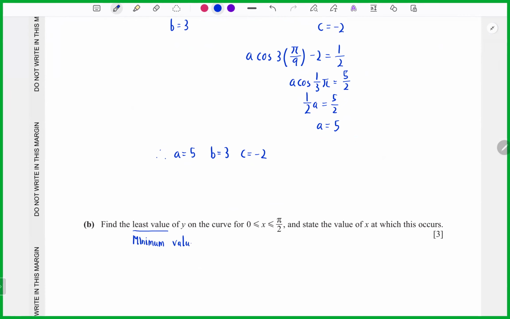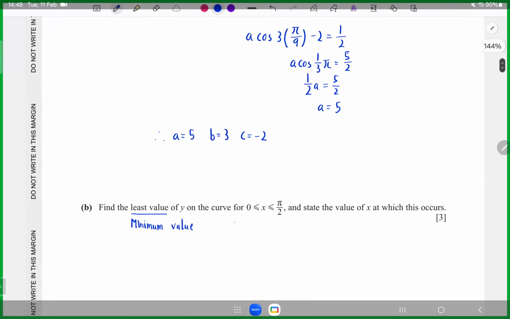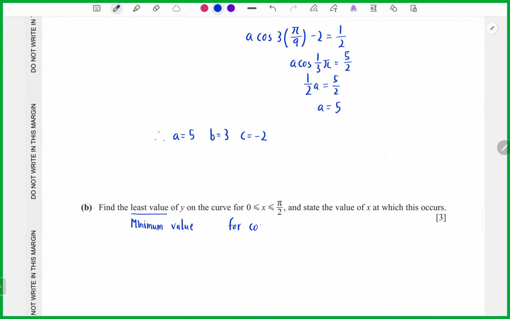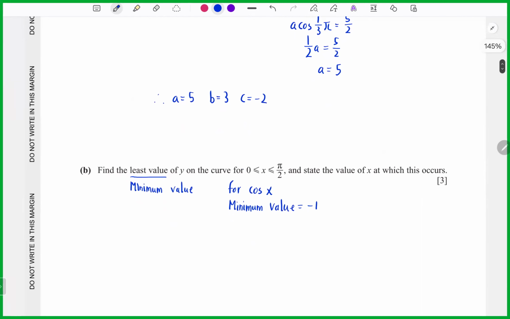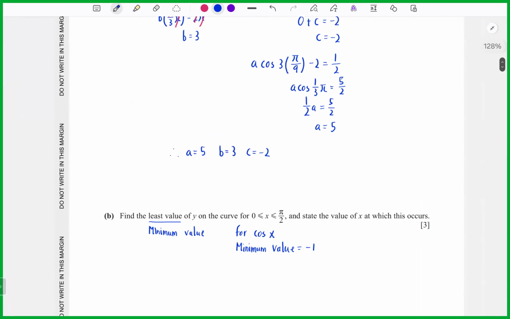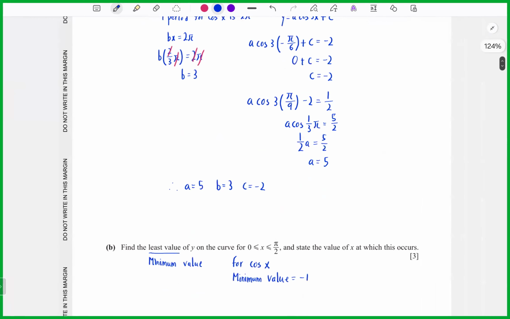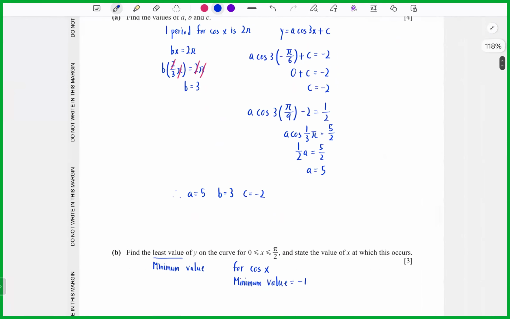For cos, what is the minimum value? Yes, it is negative 1.